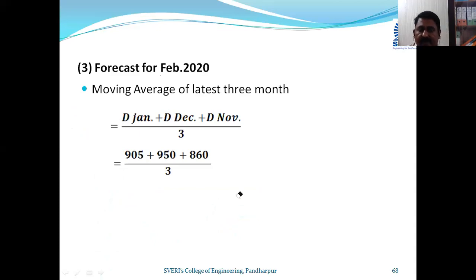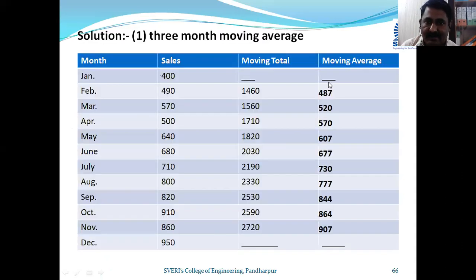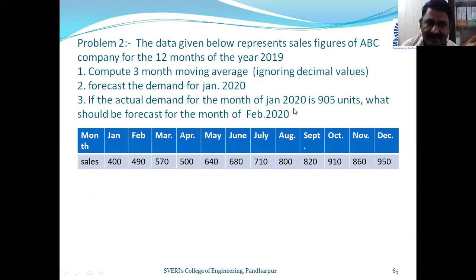If the January demand is 905, see, we have calculated 907, but we will not consider it. What is mentioned in the numerical? That assume January demand is 905 and proceed. So what I will do, November, December, January: 860 plus 950. I will highlight here. So you can say here, this is 860 plus 950 plus 905 divided by 3.